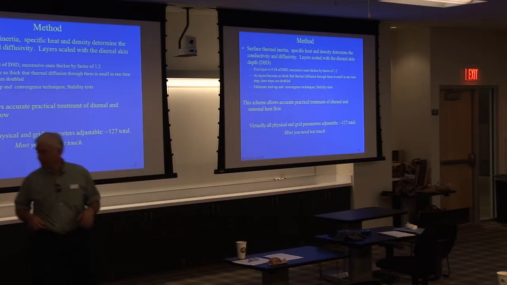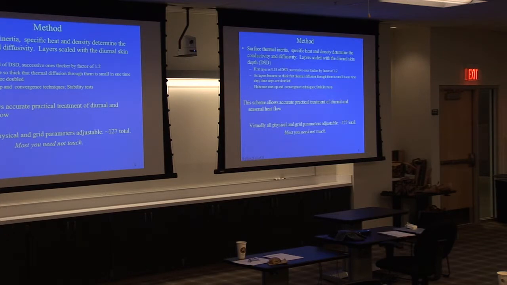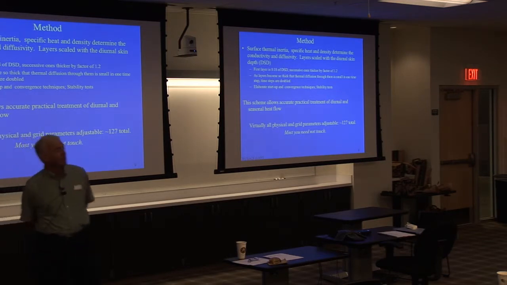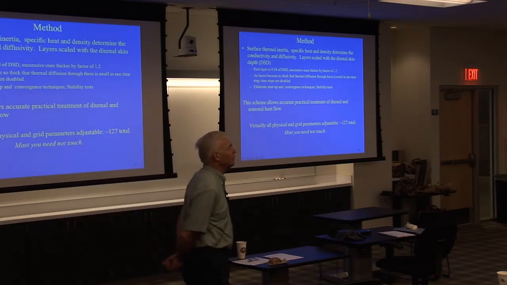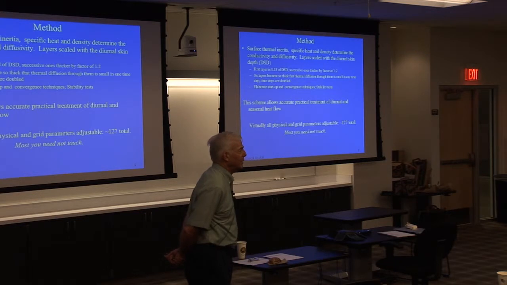Let's go on. Any more at this point? Yeah, I just had a question to clarify, and this may not be important. You were talking about working with two layers and how the different diffusivities will affect the skin depth. Two materials, yeah. That will affect the skin depth that you're using.